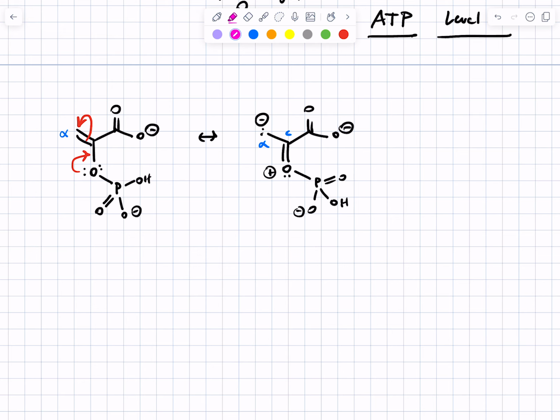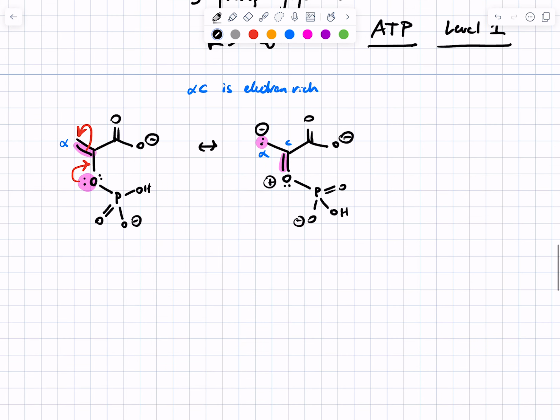What I'm trying to communicate is that the lone pairs on this oxygen are delocalized out onto the alpha carbon as well. And that the alpha carbon, the blue alpha carbon, the one that's adjacent to the enol, is electron rich. Okay? So what we're going to do now is a proton transfer reaction.